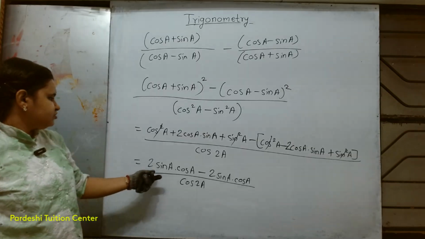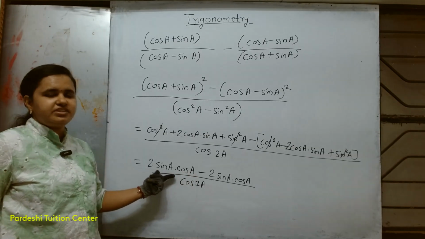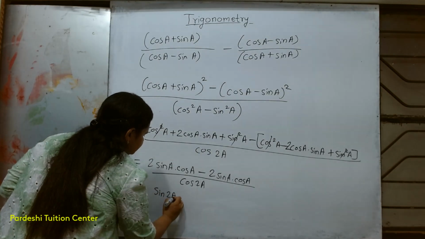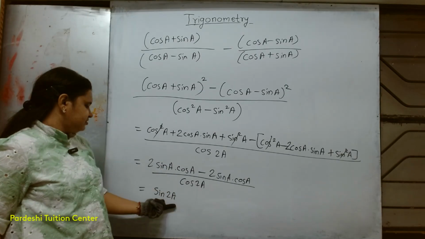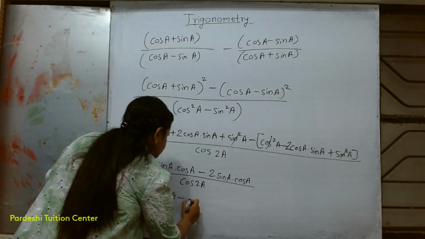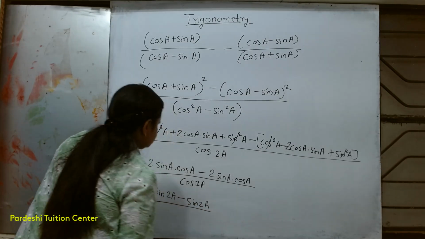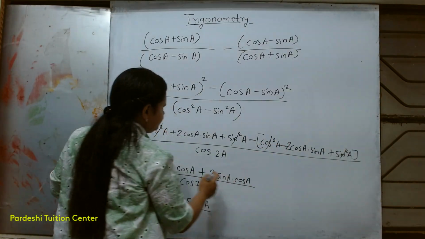Okay. So 2 sin theta cos theta is the formula for sin 2 theta. So we can directly write sin of 2A. 2 sin A cos A was the formula for sin 2A. Here it is also 2 sin A cos A, so it will be sin 2A. Here it is plus, minus minus will get plus.